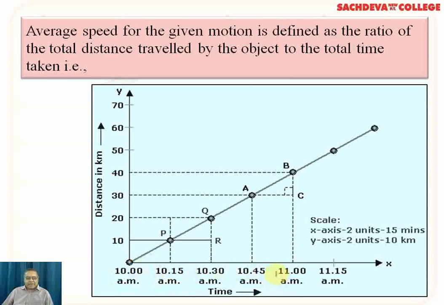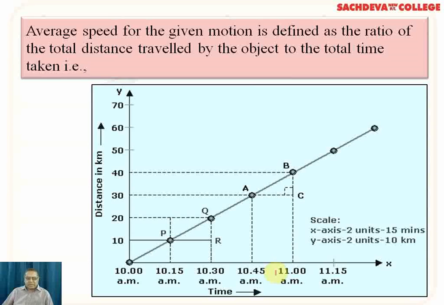So sometimes distance is more, sometimes distance is less. That is, for the average, we have to calculate total distance divided by total time taken. And the lapse of time is 5 minutes as shown on the x-axis.